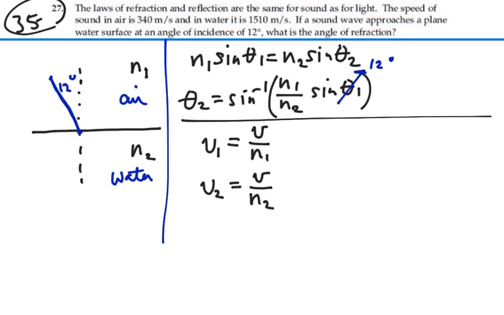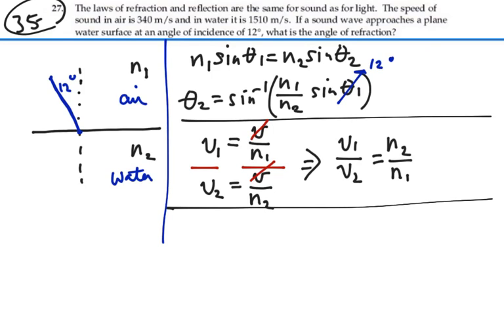If I were to divide both of these equations, I would get that the velocity of sound in air to the velocity of sound in water is equal to, and we can see that the pure velocity of sound cancels out here, the index of refraction n2 over the index of refraction n1.